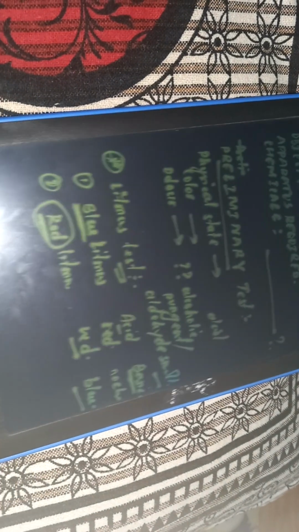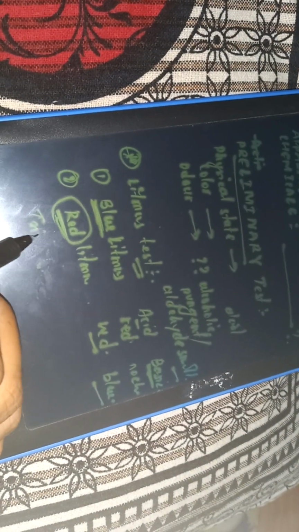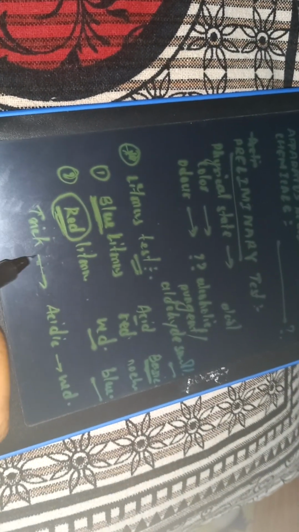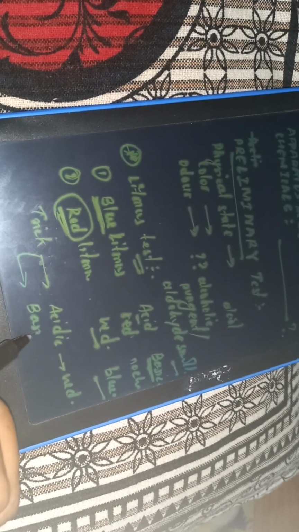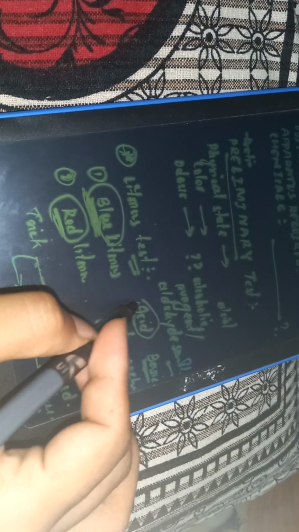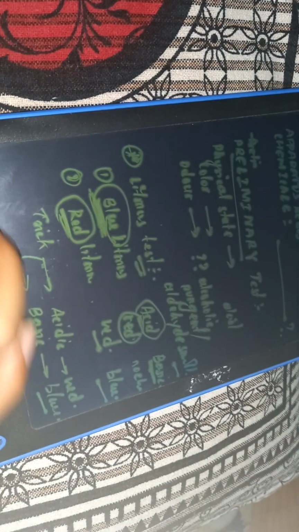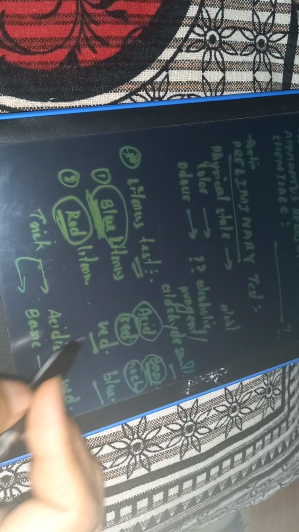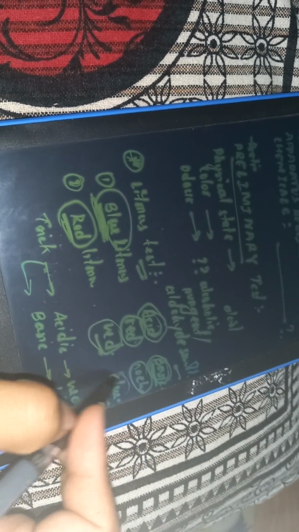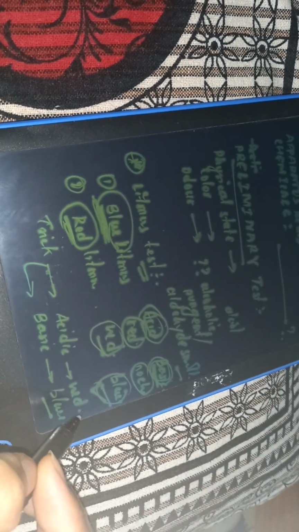I will give a trick: if it is acidic, the result should be red, and if it is basic, the result should be blue. In acidic it should always be red, in basic it should always be blue. I hope you understood.